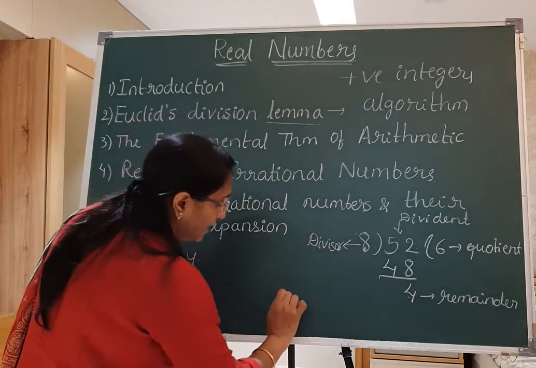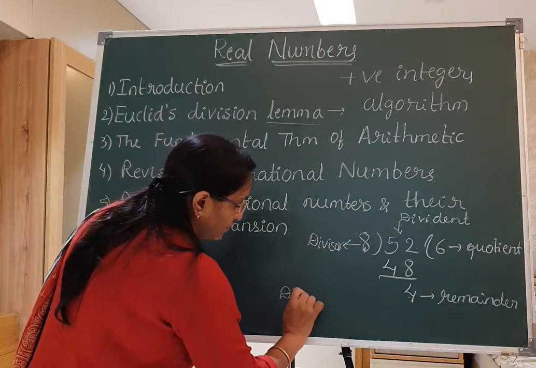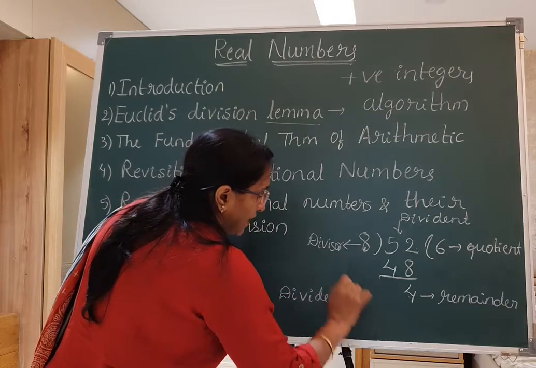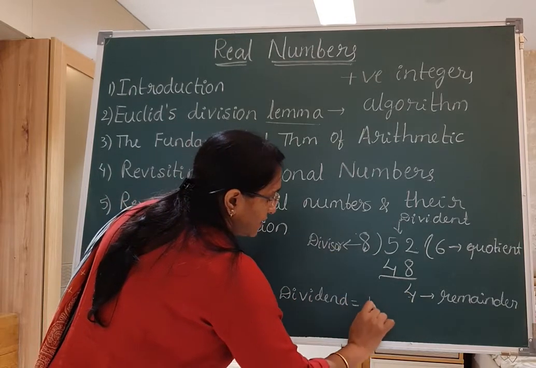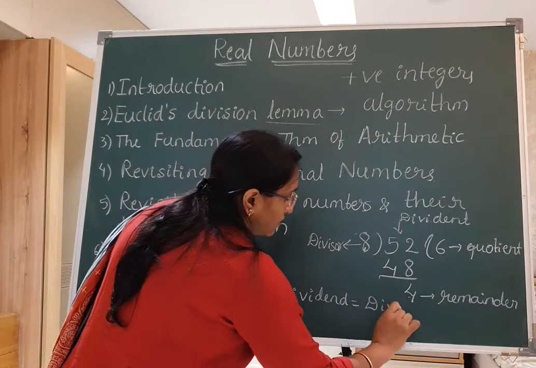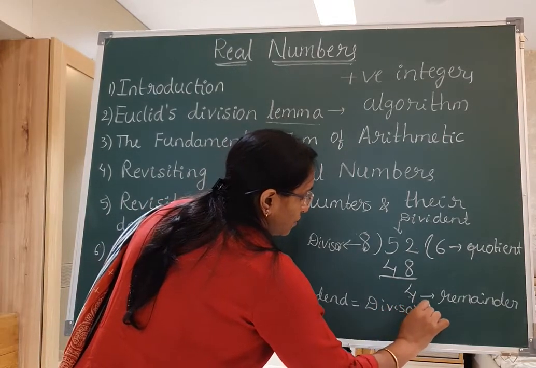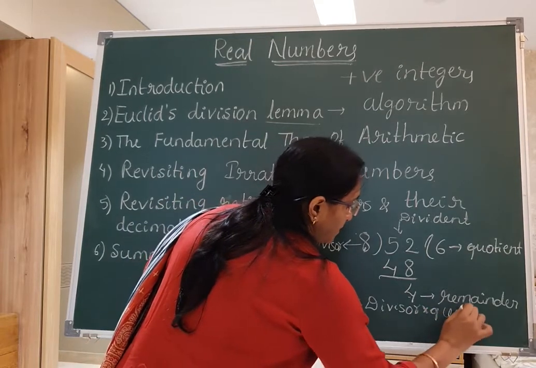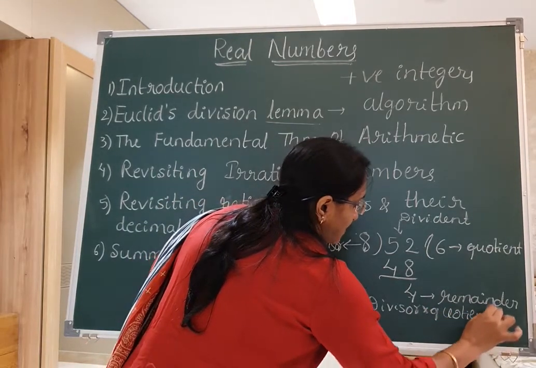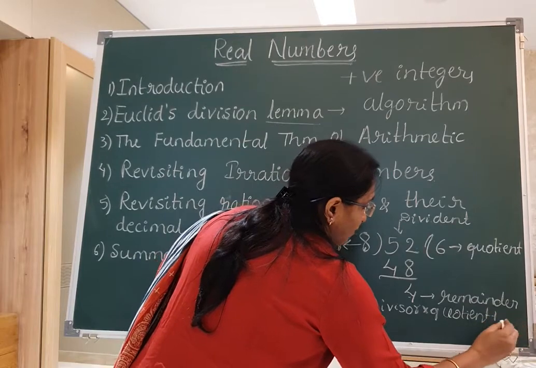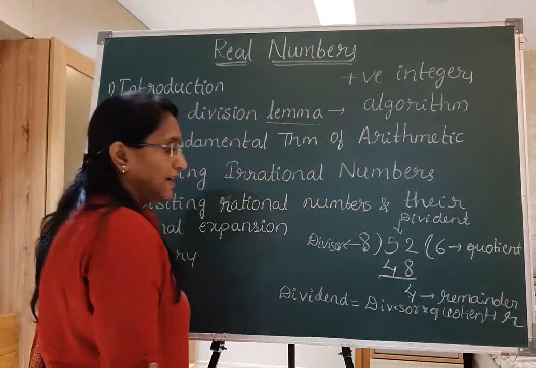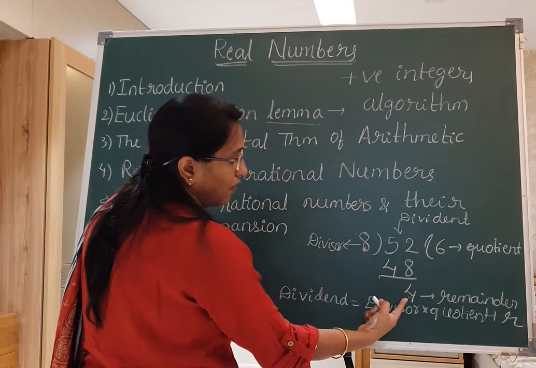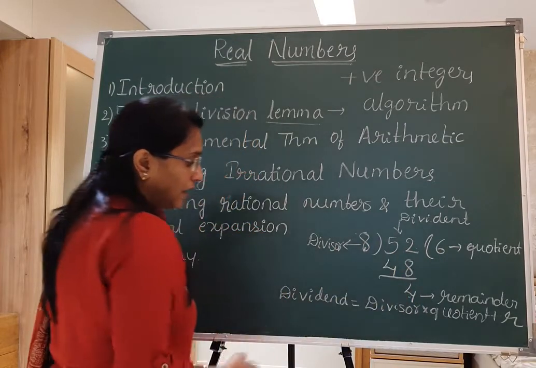And we know that dividend is equal to divisor into quotient plus remainder. That is, 8 sixes are 48 plus 4 is equal to 52.